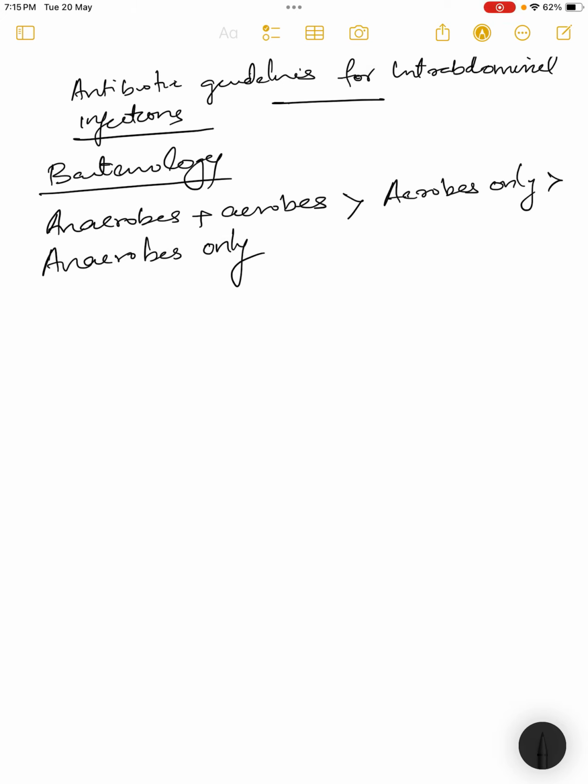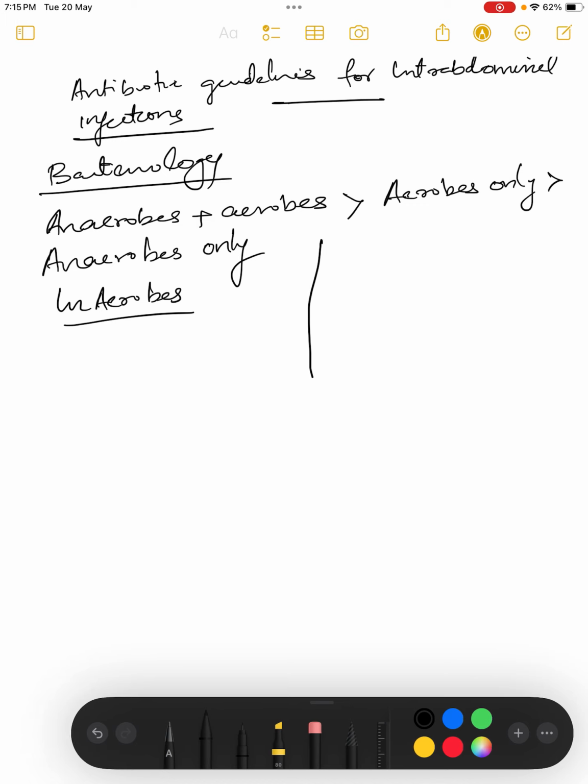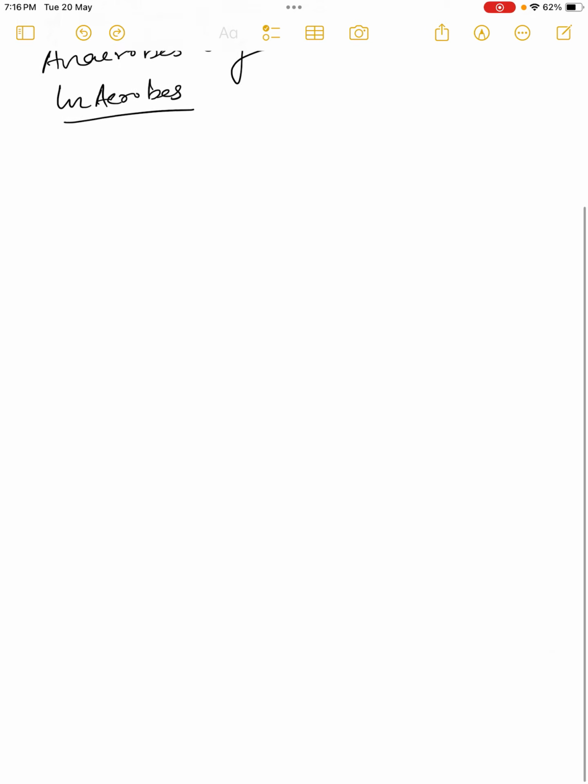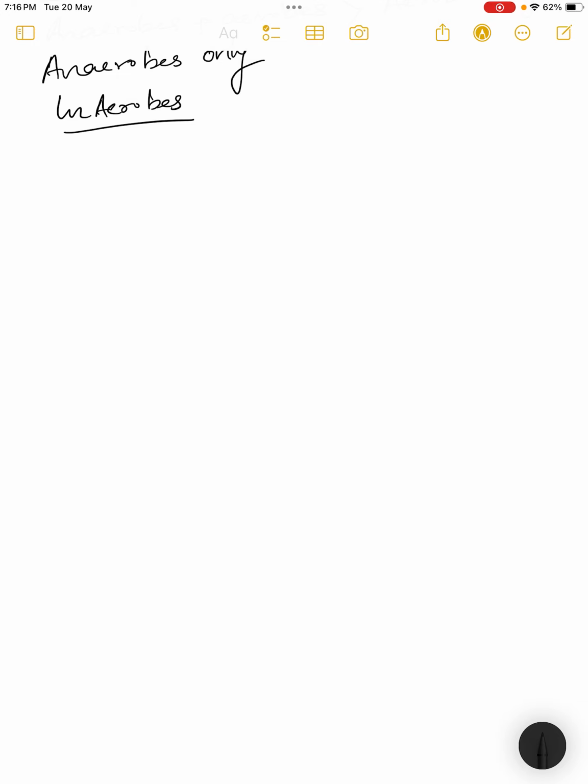In aerobic bacteria, it is mostly caused by E. coli. Then comes Pseudomonas, then Klebsiella.